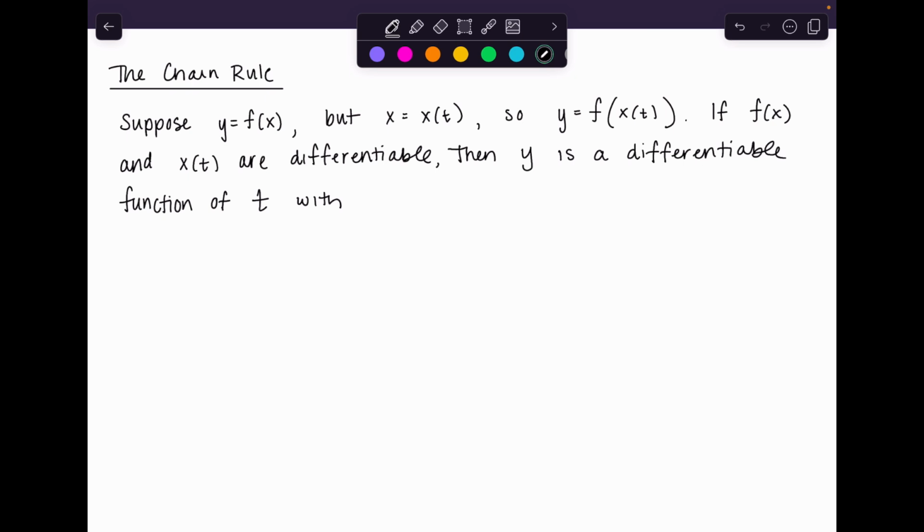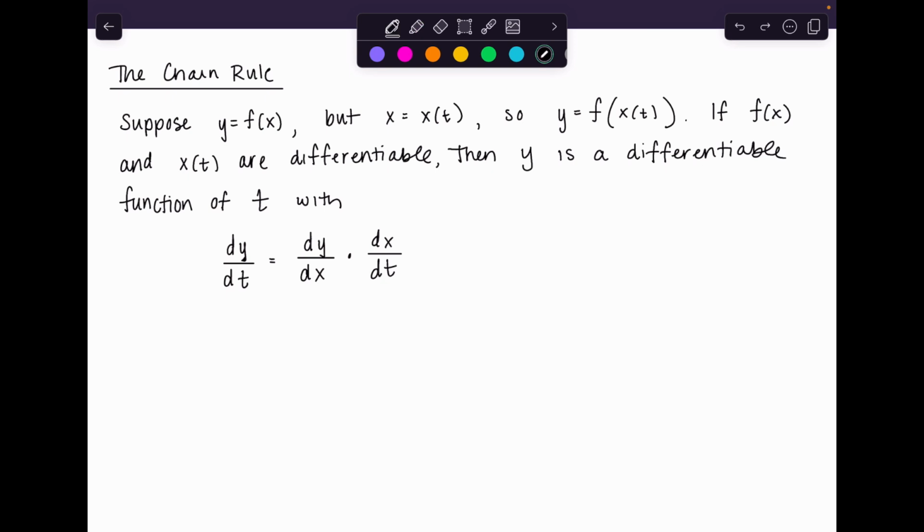Okay? So if I want to take the derivative of y with respect to t, I first have to go from y through x, and then I go from x to t. And if you remember your parametric equations, if you were finding the first derivative, it was dy/dt divided by dx/dt.